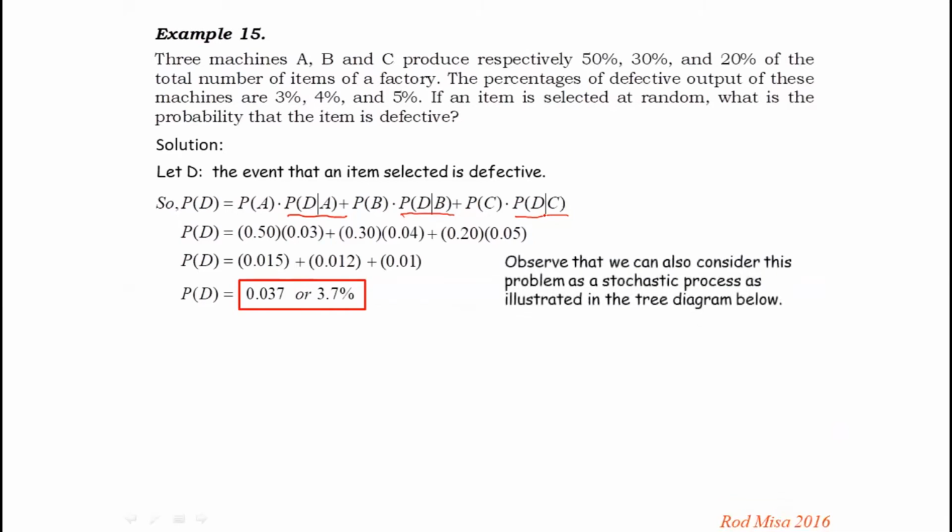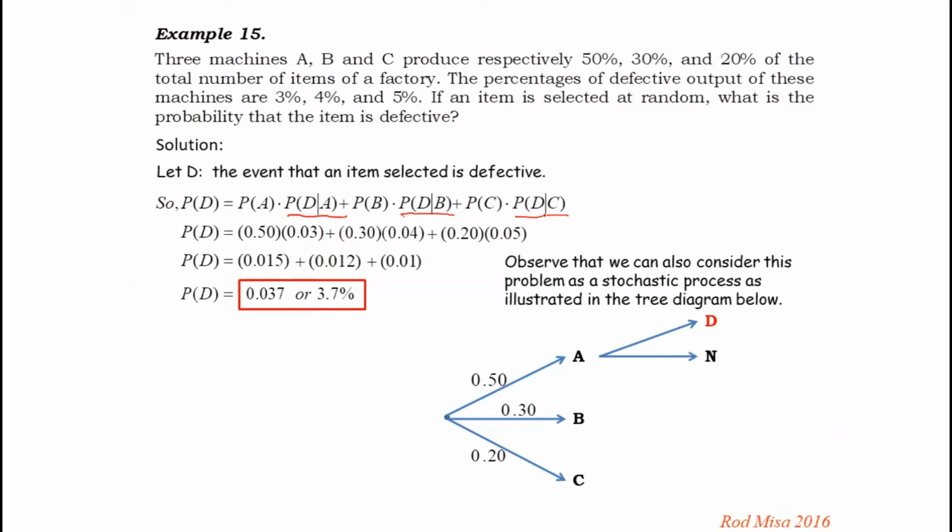Now, observe that we can also consider this problem as a stochastic process, as illustrated in the tree diagram below, that the production of the factory is produced by the three machines, machine A, machine B, and machine C. Now, the contribution for the factory from machine A is 50%, and only 30% contribution from machine B, and 20% contribution of the production from machine C. But machine A can produce defective items or non-defective items.